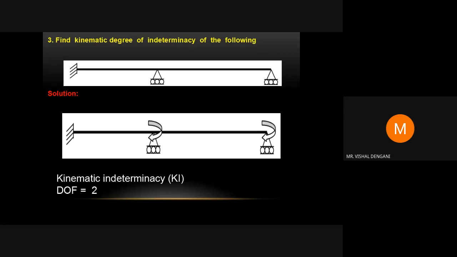So its stiffness matrix along member axis and along structure axis will be the same. SM will be equal to SMS because it is a horizontal member. There will be no need of the transformation matrix. The transformation matrix transfers the local coordinates to global coordinates or global to local.